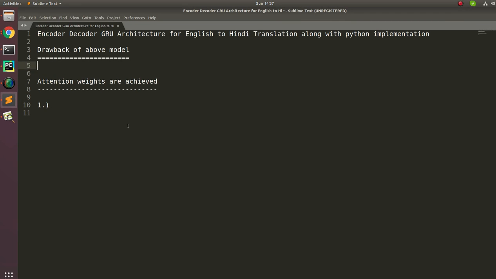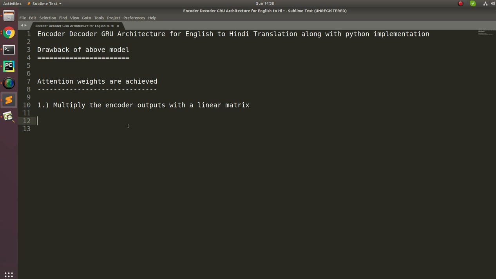And what are the various steps involved to do that? First of all, we will multiply. Now how are the attention weights achieved? So multiply the encoder outputs with a linear matrix. So first one, let's see.